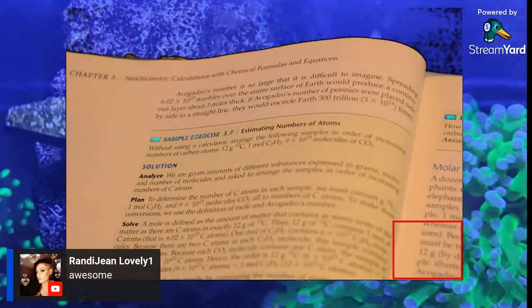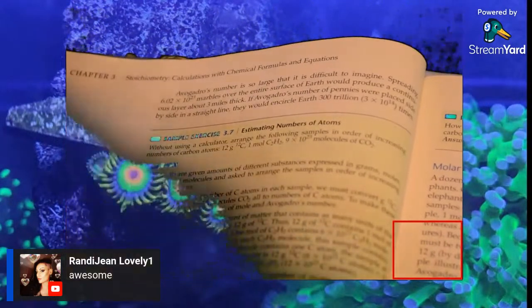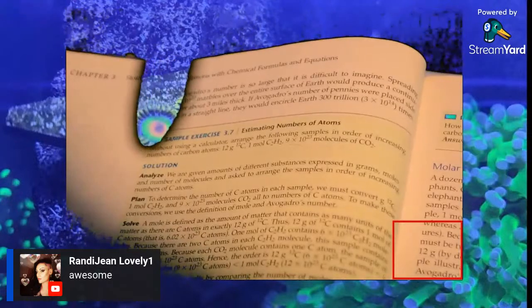But we won't find out until we actually see 1 mole and 9.6 something molecules. I said that's my final answer without really going through the book. So that's how I would arrange them.